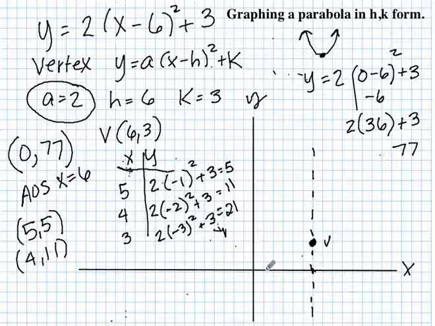So if I come over here and count to (5, 5), 1, 2, 3, 4, 5, 1, 2, 3, 4, 5, I know immediately that there is another point on the other side of the axis of symmetry that pairs up with that point. It is 1 unit away from the axis of symmetry.